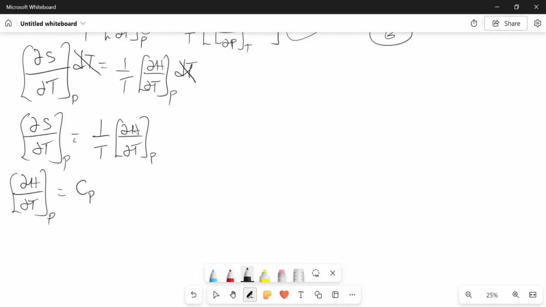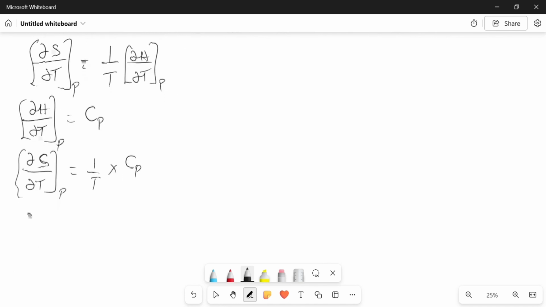It is equal to Cp. Then I can conclude that since this is equal to Cp, my del S over del T at constant pressure is equal to 1 over T multiplied by Cp. So we have del S over del T at constant pressure equal to Cp over T, if we have just 1 mole.